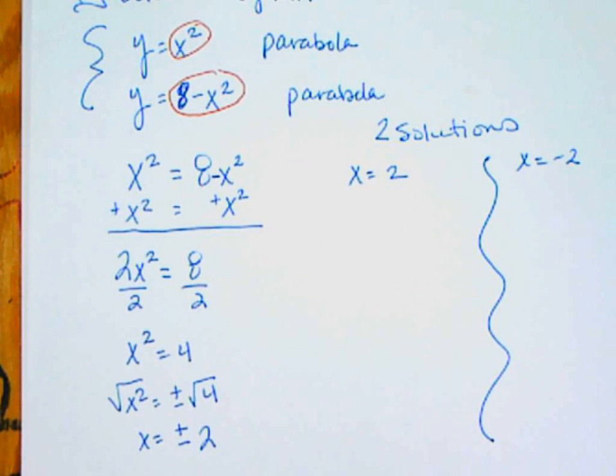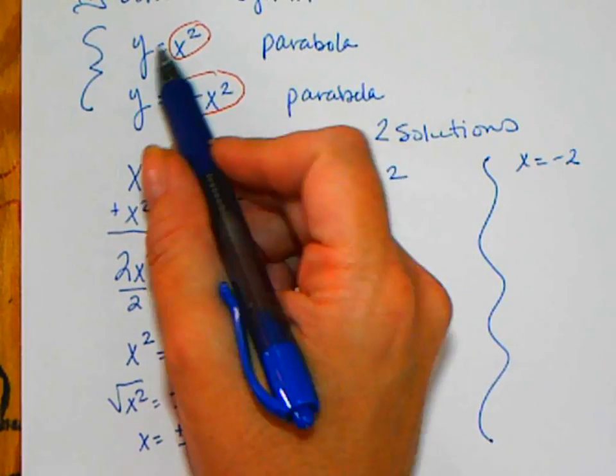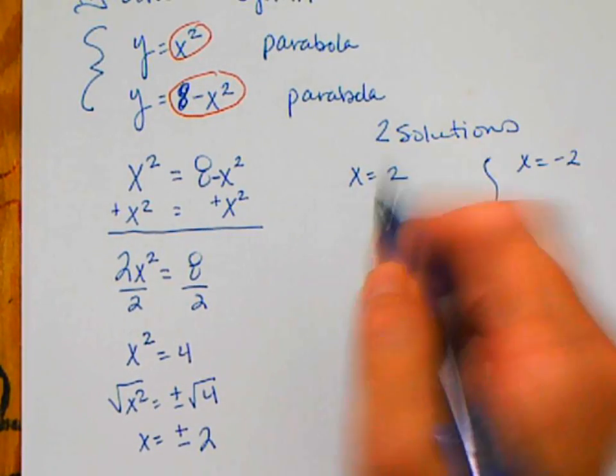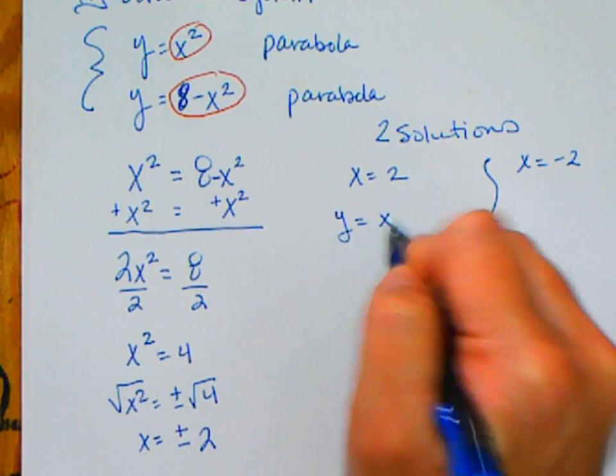So does it matter which equation I use to figure out the y value of those? Doesn't matter. They're going to be the same ordered pair for each equation. So I'm just going to choose the top one because it's got less going on. So y equals x squared.